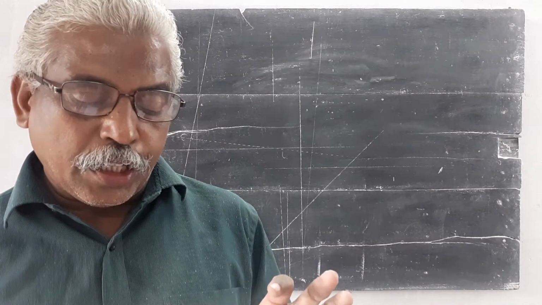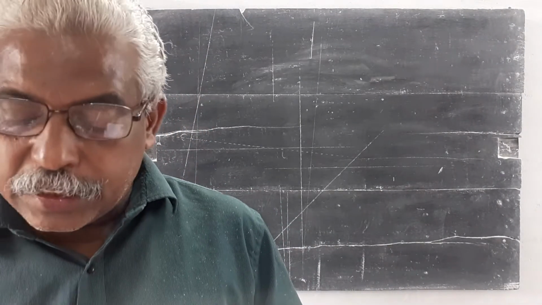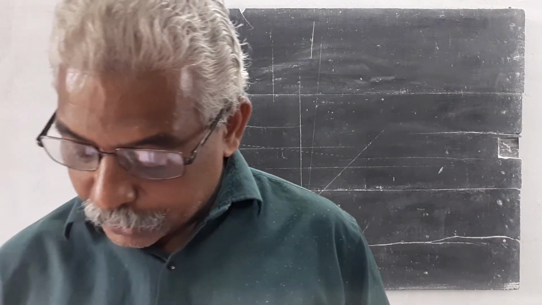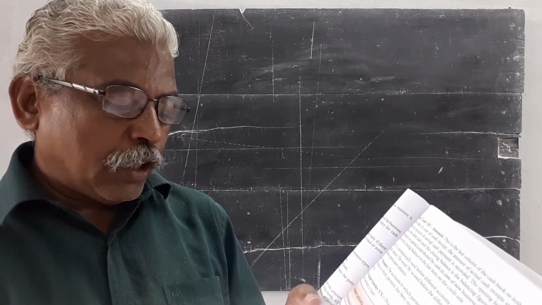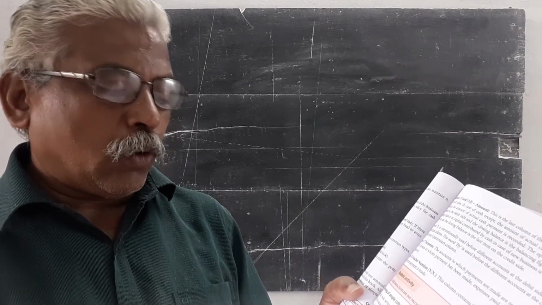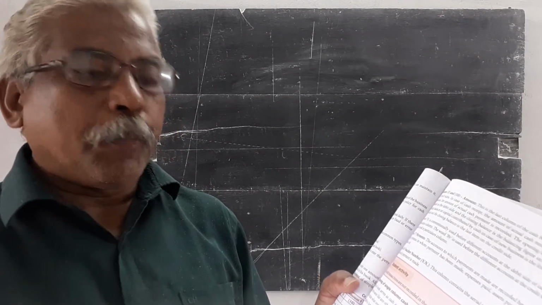On page 129 the question is given, and the answer is given on page 130. The question is: enter the following transactions in the simple cash book of Kunal. 2017 January 1 cash in hand, January 5, 7, 8, 10, 27, 31. A small question. We have to do this problem now.